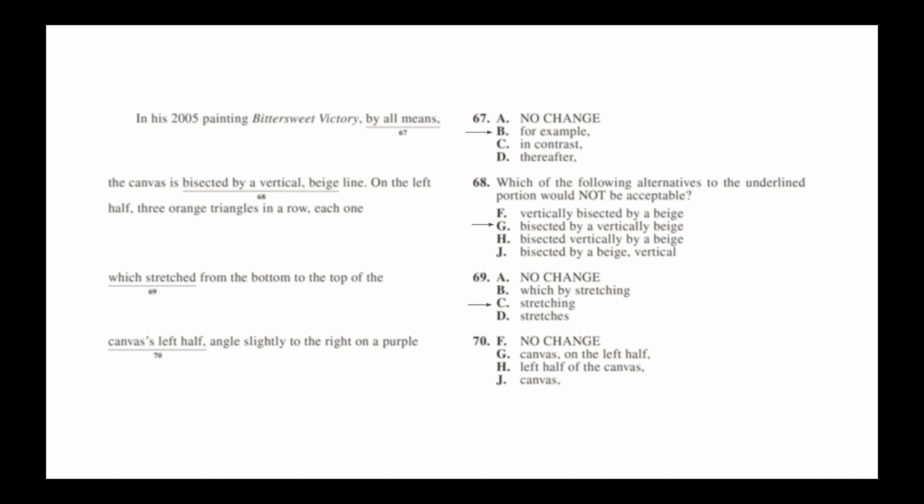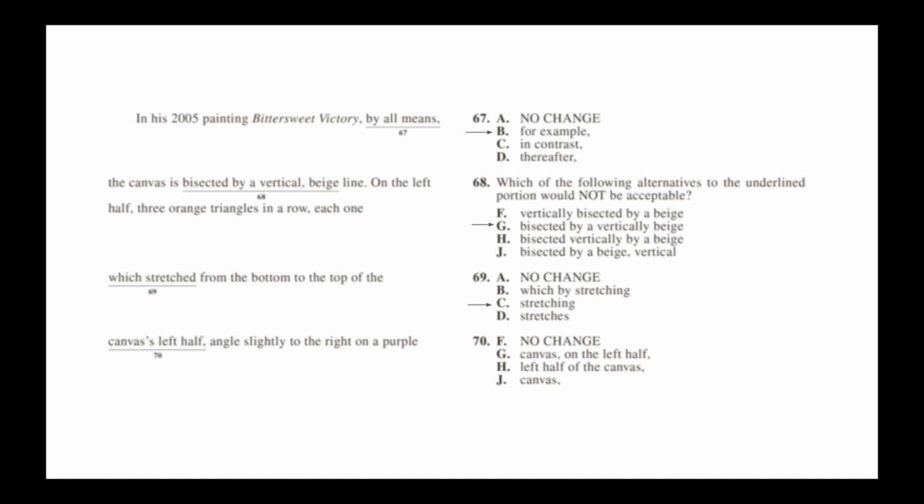On to question 70. It deals with the same sentence. On the left half, 3 orange triangles in a row, each one stretching from the bottom to the top of the canvas's left half, angle slightly to the right on a purple, blah, blah, blah. We dealt with this in a prior question; it also deals with redundancy. In this case, you would have to read the entire passage to know the correct answer.